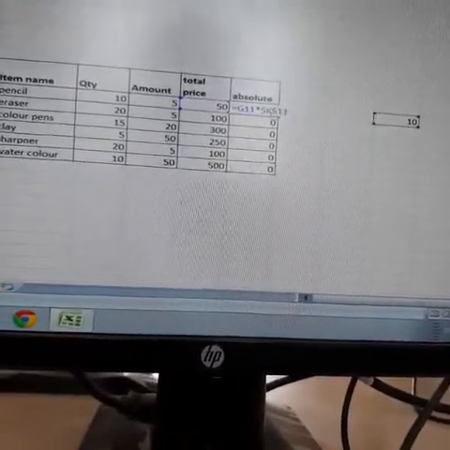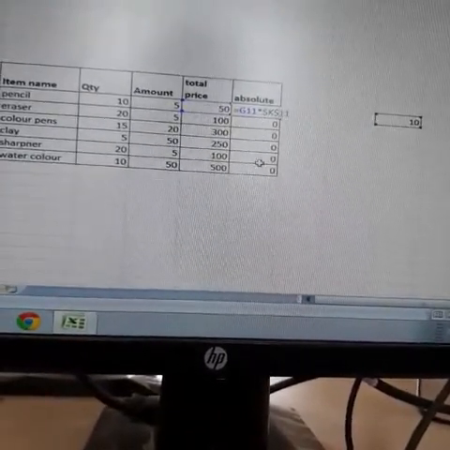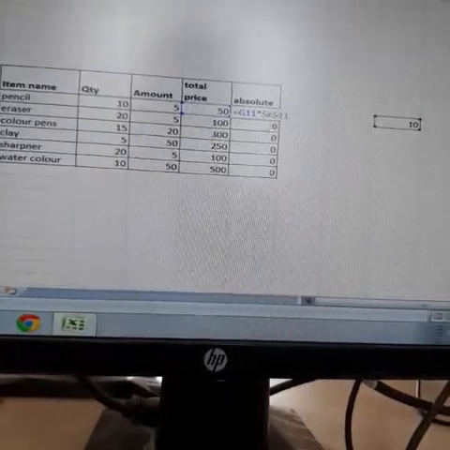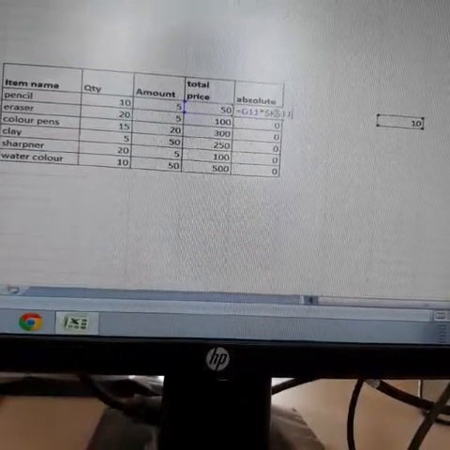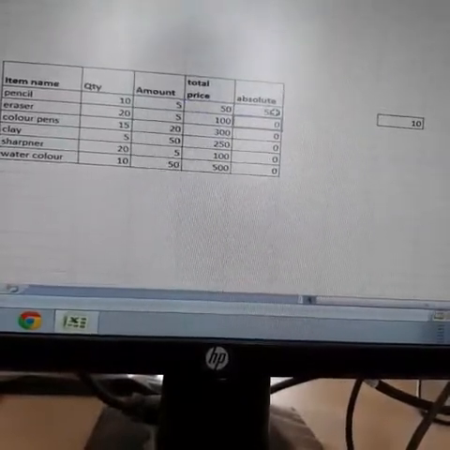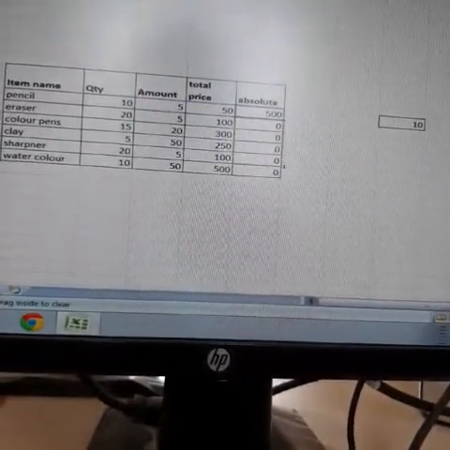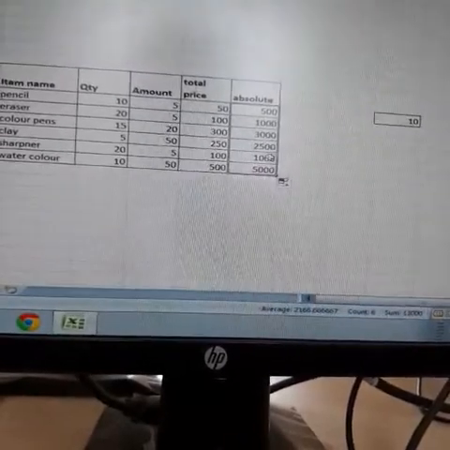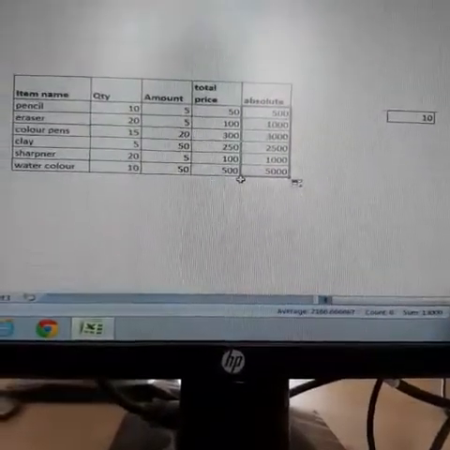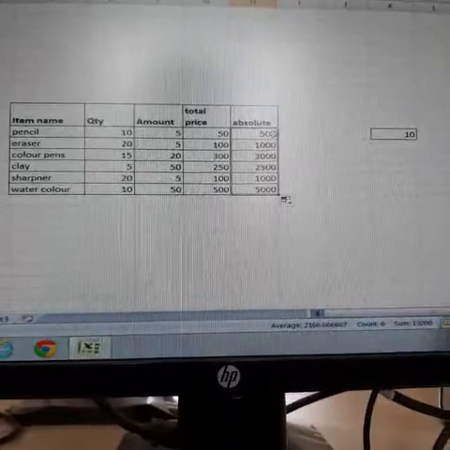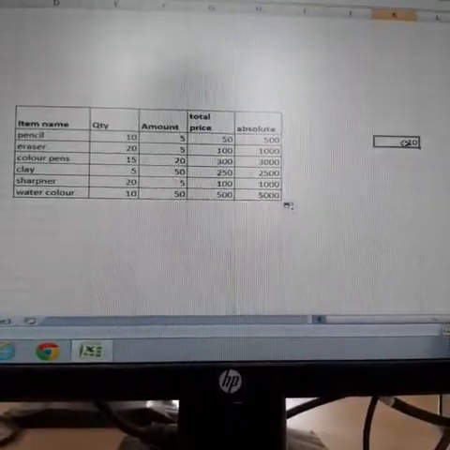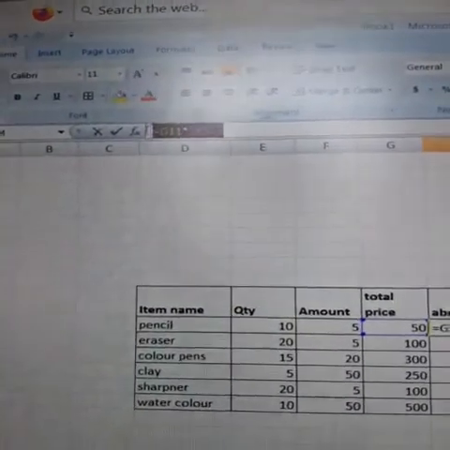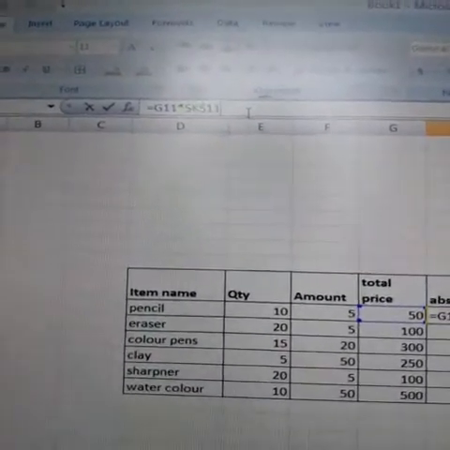That means K11 is locked for each and every row, because we are defining it as an absolute address. When I press enter, I get 500, and then when I drag it, it will take the value 10. See, is it done? Why is it done? Because we know that there is no value in the other rows, but we are fixing this as an absolute address.